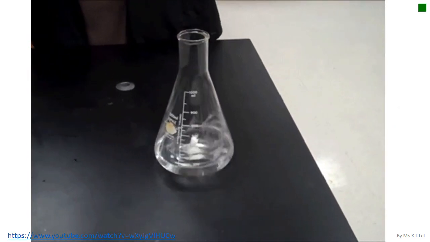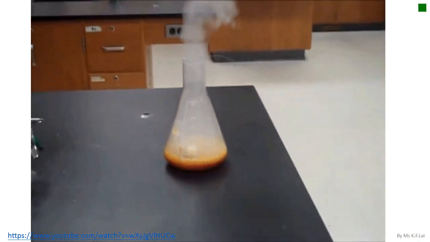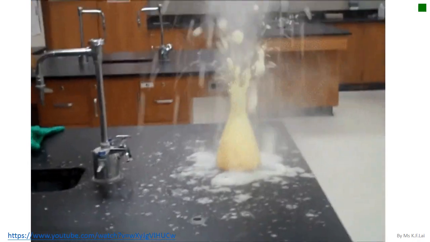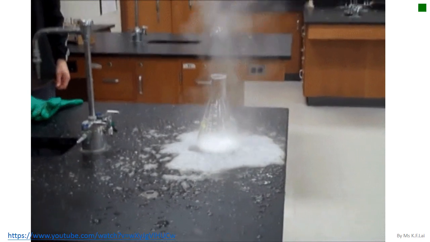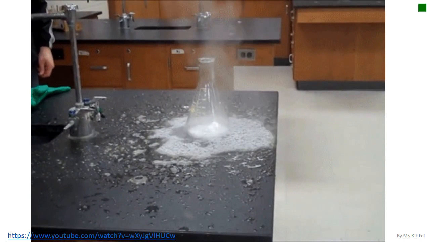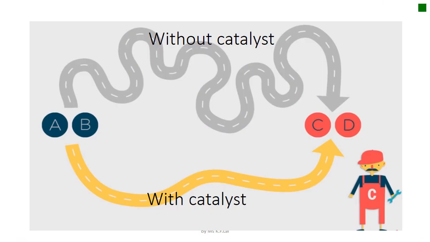When some catalyst is put into hydrogen peroxide, it breaks down to form water and oxygen. Heat is also produced, so you will see there is an effect of explosion with the gas coming out together with the water vapor.